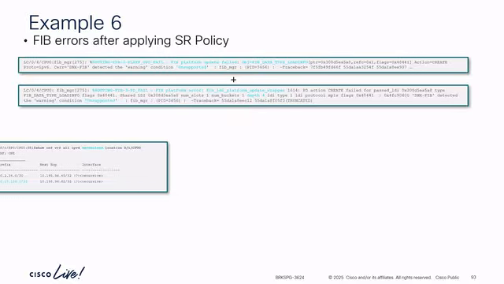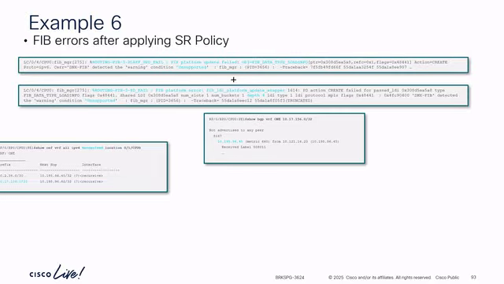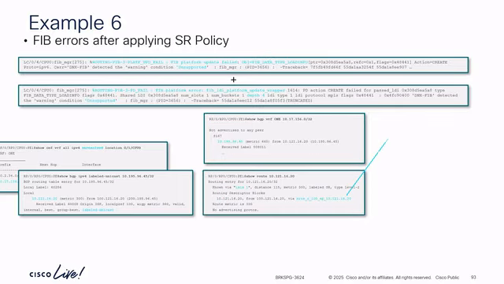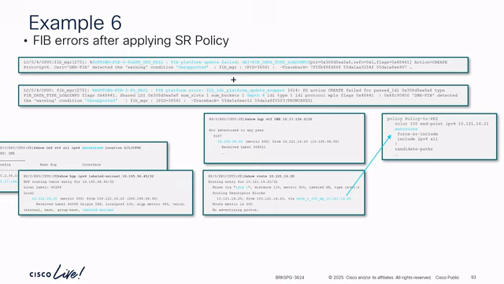It's not valid. Why? We look at the prefix, we see the next hop, and we look at that next hop. We see that it's a labeled unicast route, BGP-LU, and then it points again to a policy. And we have autoroute announce for that.